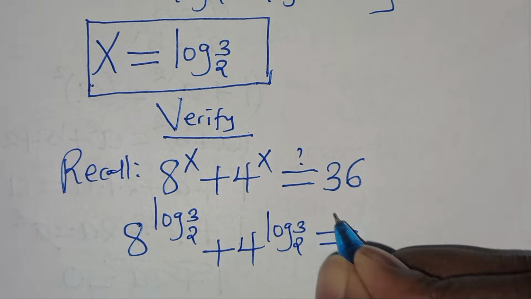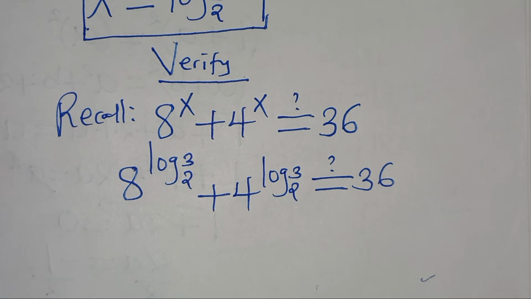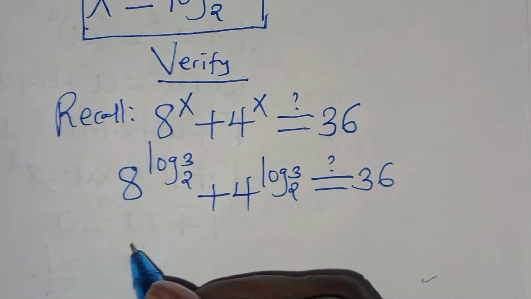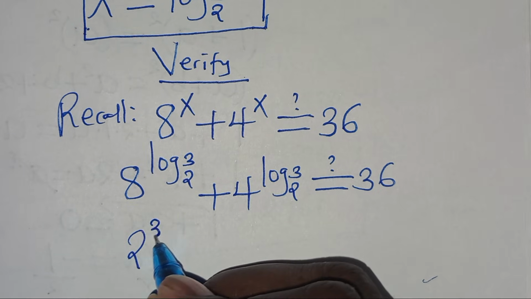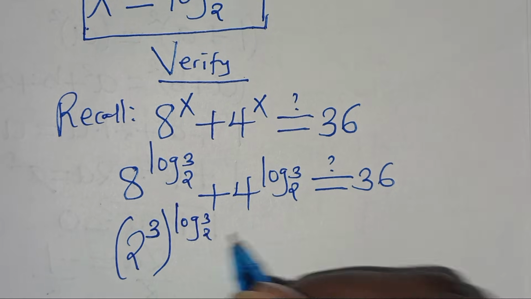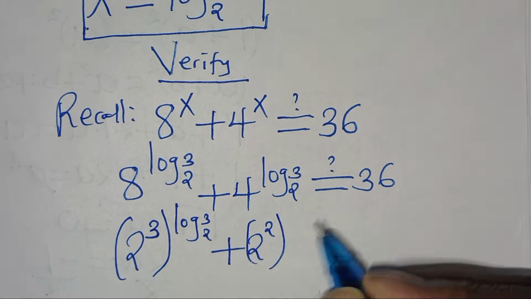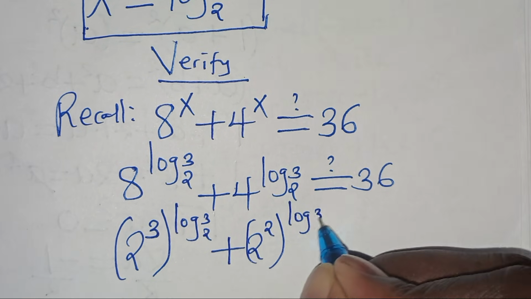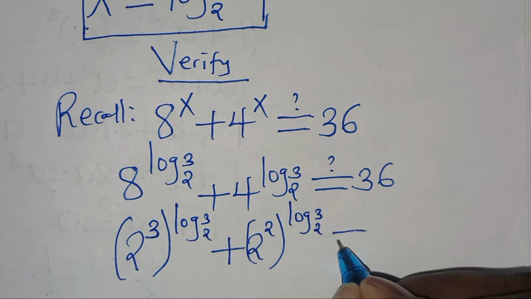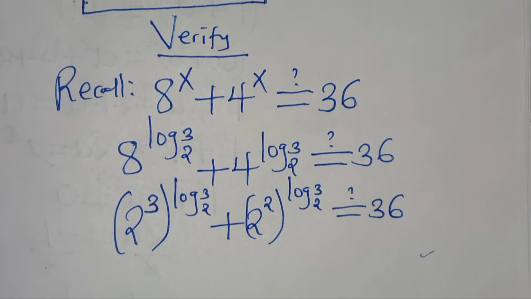This should give us a value of 36. We can express 8 as 2 to the power of 3 raised to the power of log 3 to base 2, then plus 4, which is 2 to the power of 2 raised to the power of log 3 to base 2. This is supposed to give us a value of 36.